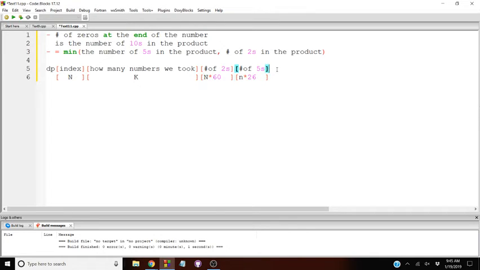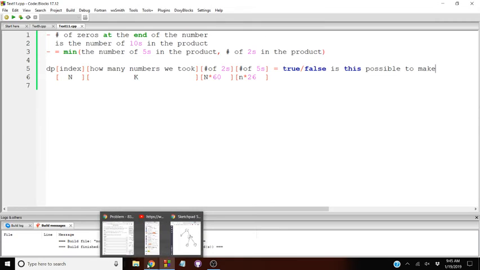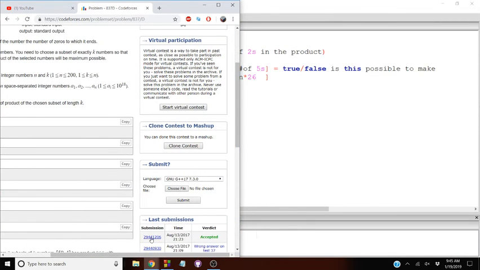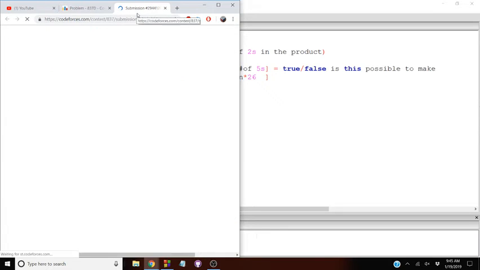And this is a boolean, true or false: is this possible to make? However, when we add that in, the array gets a little bigger, right?